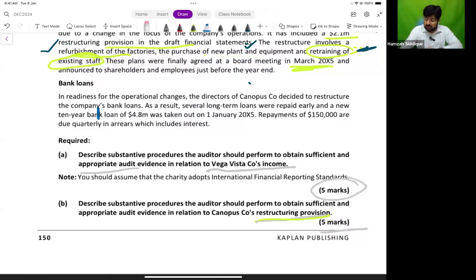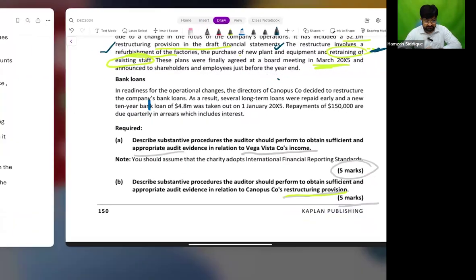Yes, approval by the board, and you know that it should be done before year end. Announcement to shareholders and employees before the year end.